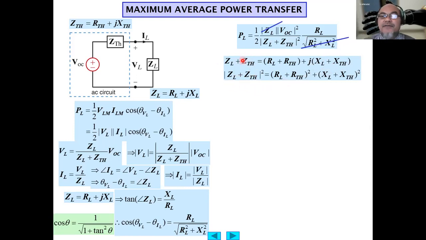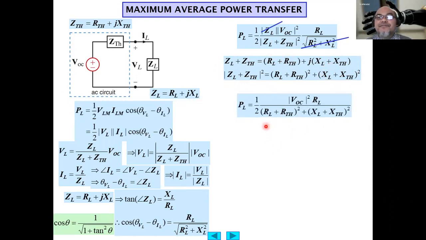The magnitude of ZL plus ZTH squared equals this square plus this square. So from here, PL equals half of VOC squared divided by RL plus RTH squared plus XL plus XTH squared.